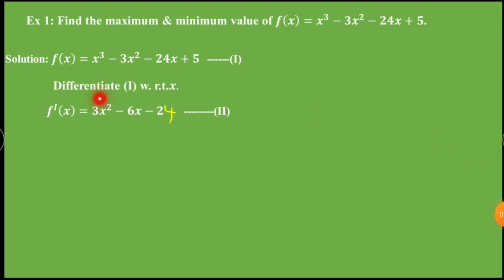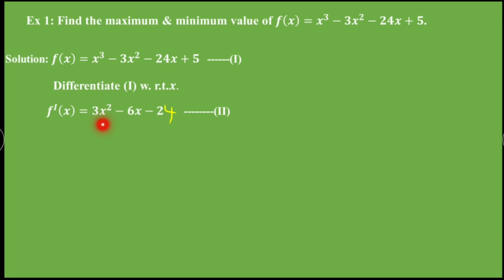So we write here the derivative of f(x) as f'(x), the derivative of x cube as 3x square, the derivative of minus 3x square as minus 6x, and the derivative of minus 24x as minus 24, and the derivative of 5 is 0.